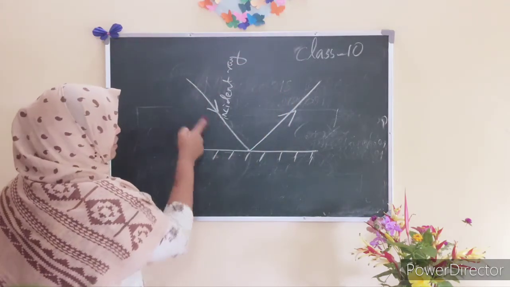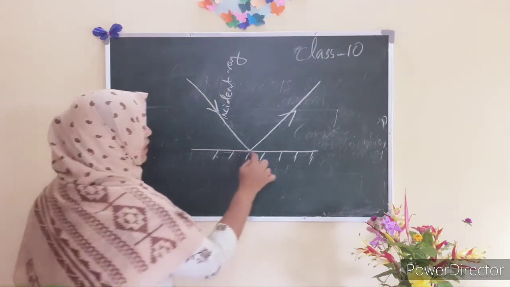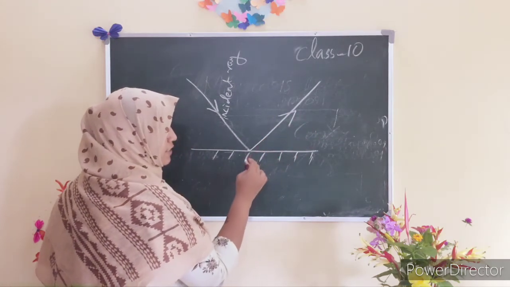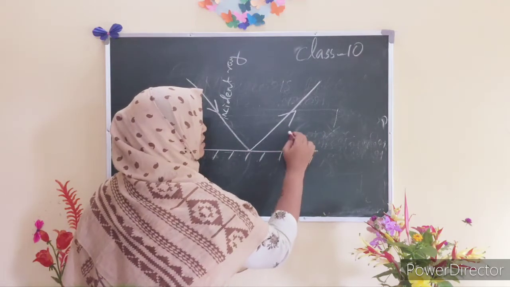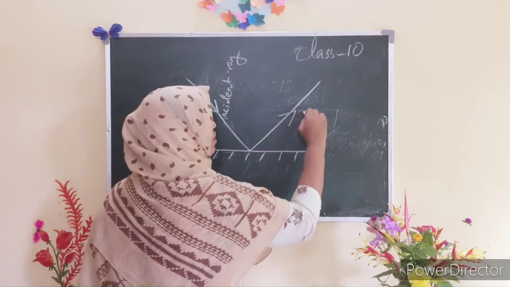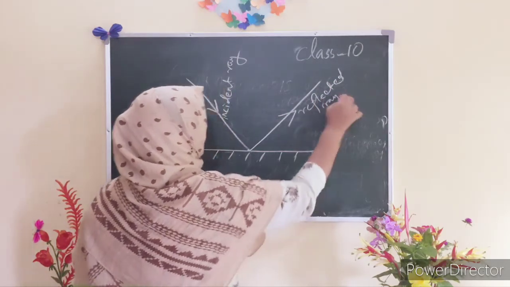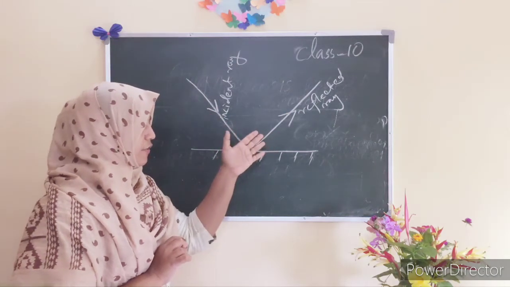A ray which strikes on the surface is known as incident ray, and a ray which returns back after striking the surface is known as reflected ray. So we got two rays, incident ray and reflected ray.